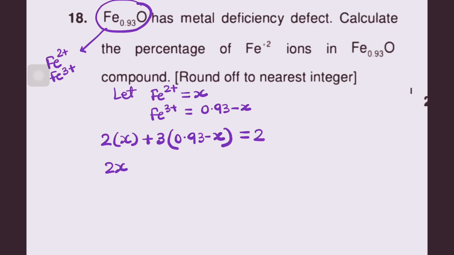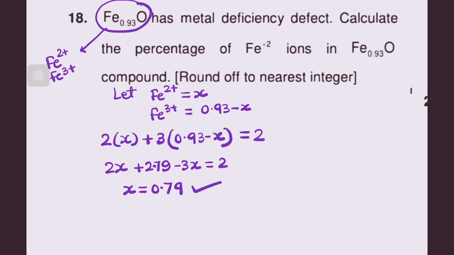So it is 2x plus 0.93 into 3, that is 2.79, minus 3x equal to 2. So x will be basically 2.79 minus 2, that is 0.79.